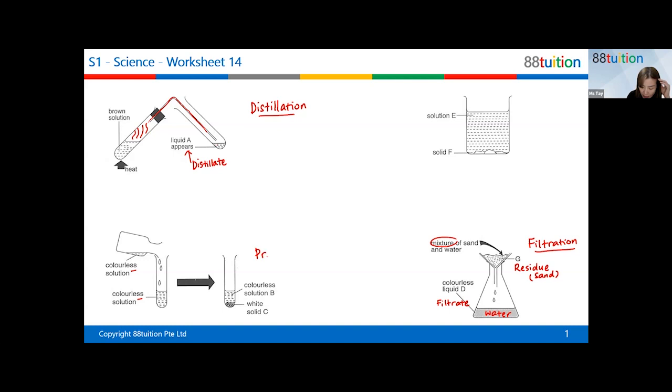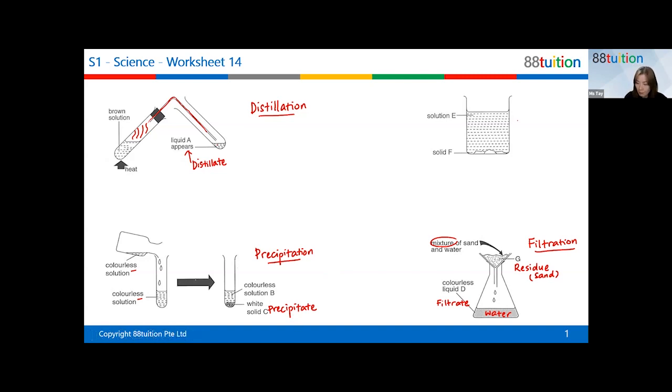This process is known as precipitation. Why call it precipitation? Because the solid that has been formed is termed the precipitate. You will learn this only in secondary 3, not now. But since it's in the worksheet, I will address it.